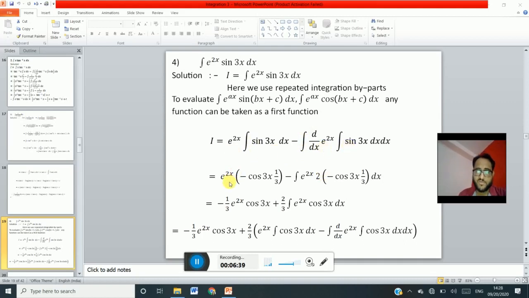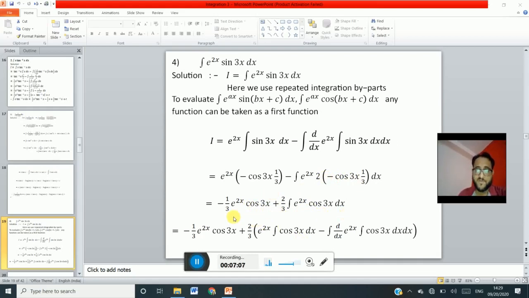So e to the power 2x, integration of sin 3x is minus cos 3x into 1 by 3, and derivative of e to the power 2x is e to the power 2x into 2, and integration of sin 3x is minus cos 3x into 1 by 3 again, right? So minus 1 by 3 e to the power 2x into cos 3x plus 2 by 3 into integration of e to the power 2x into cos 3x dx, right?